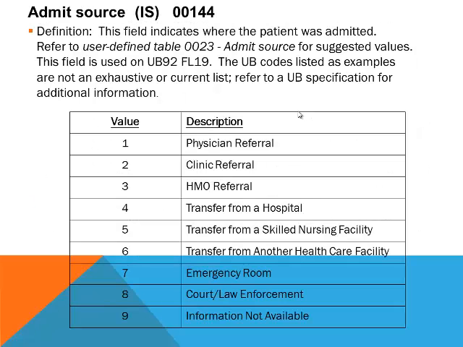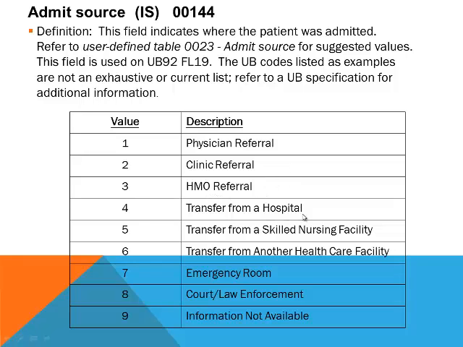So let's go to the admit source field. In fact, this field indicates where the patient was admitted. The value is from table 0023. In fact, we have 9 values here. For example, 1 means physician referral, 2 means clinic referral, 3 means HMO referral.